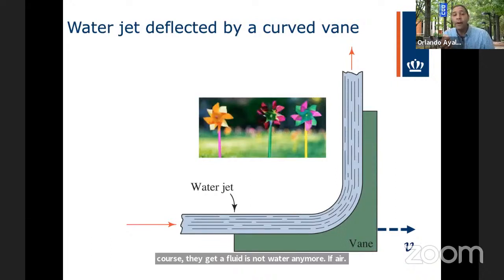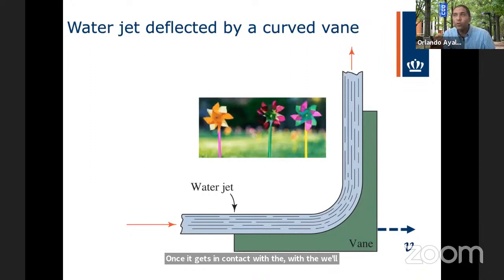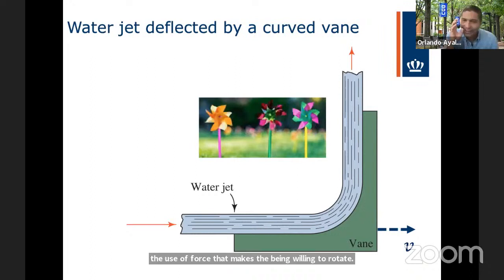When you blow air on the pinwheel, you make it turn. The air, once it gets in contact with the wheel, produces a force that makes the pinwheel rotate. So it's exactly that application.